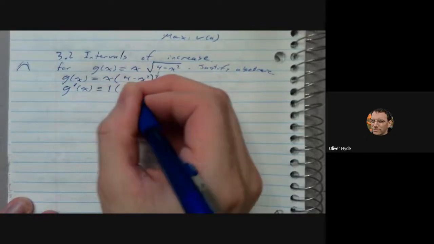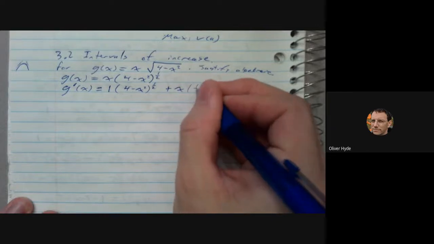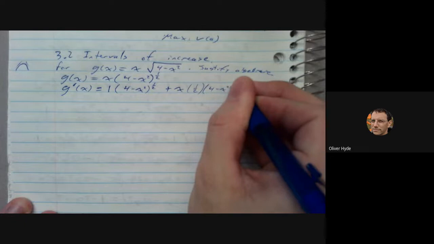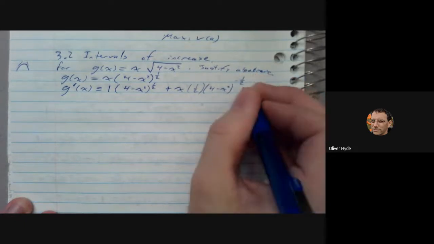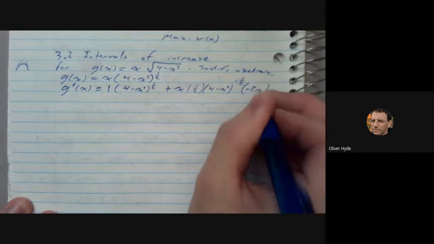G prime of x is going to be the derivative of the first multiplied by the second, plus the first multiplied by the derivative of the power with respect to the base. Make sure I subtract 1 from my exponent, multiplied by the derivative of the base with respect to x.